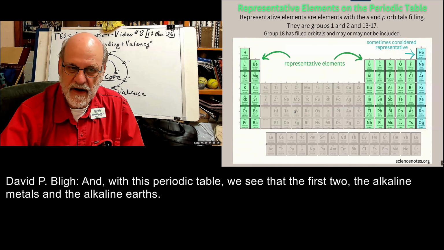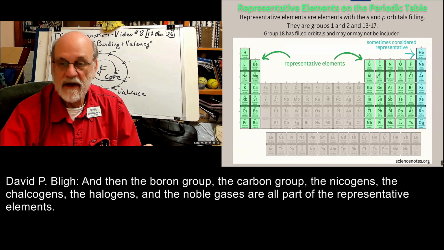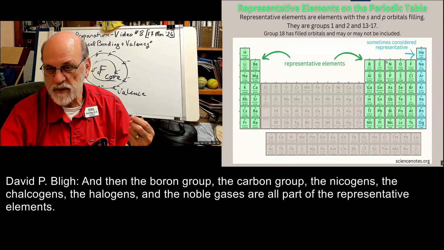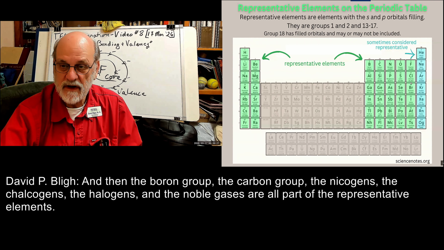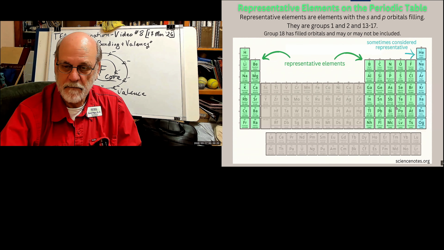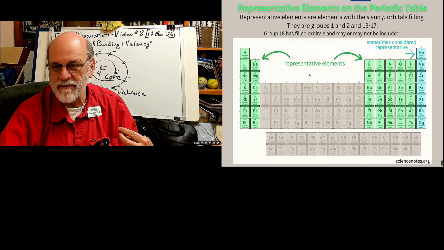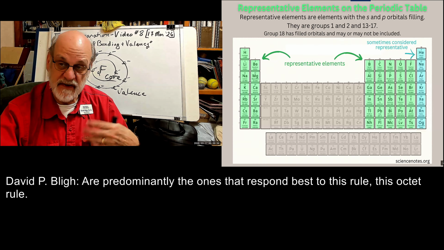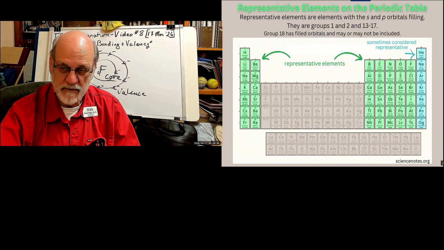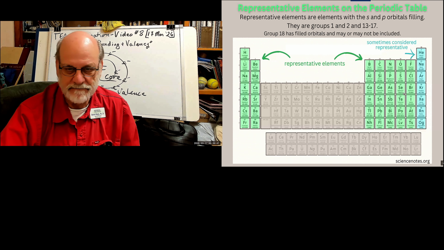With this periodic table, we see that the first two, the alkaline metals and the alkaline earths, and then the boron group, the carbon group, the pnictogens, the chalcogens, the halogens, and the noble gases are all part of the representative elements. And the upper levels from, say, calcium back are predominantly the ones that respond best to this octet rule. And I'll explain what the octet rule means in just a minute.